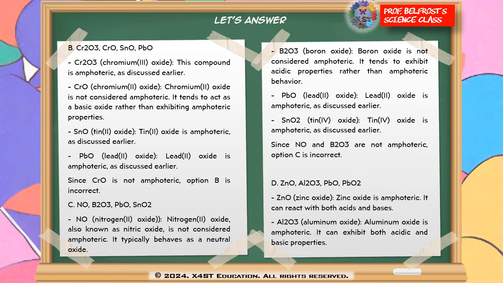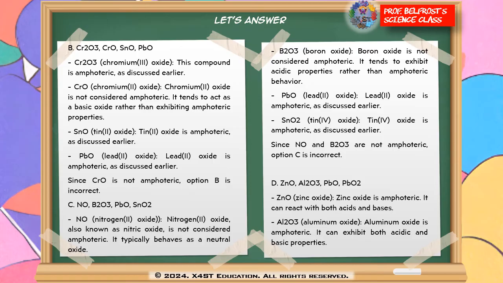How about lead 2 oxide? Lead 2 oxide is amphoteric, as has been discussed in option A. How about tin 4 oxide? Tin 4 oxide is also amphoteric, as discussed in option A. So since NO, nitric oxide, and boron oxide are not amphoteric, option C must be incorrect.